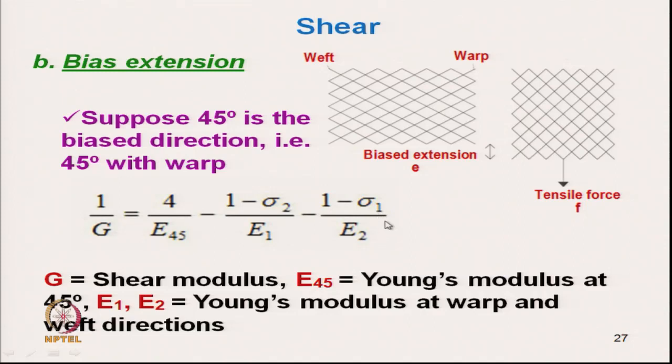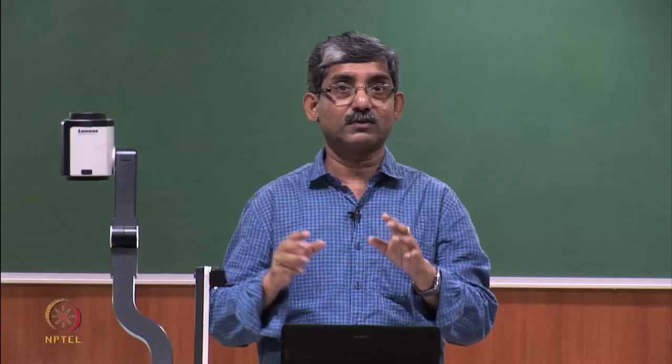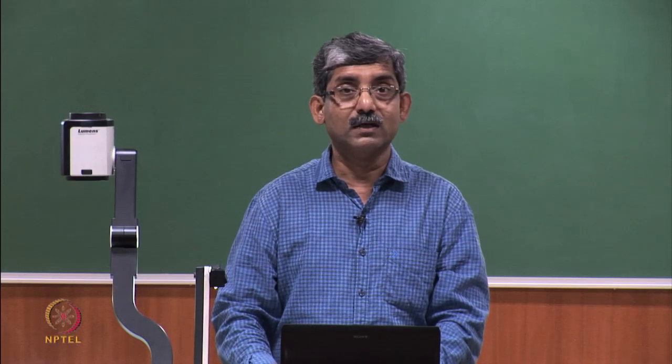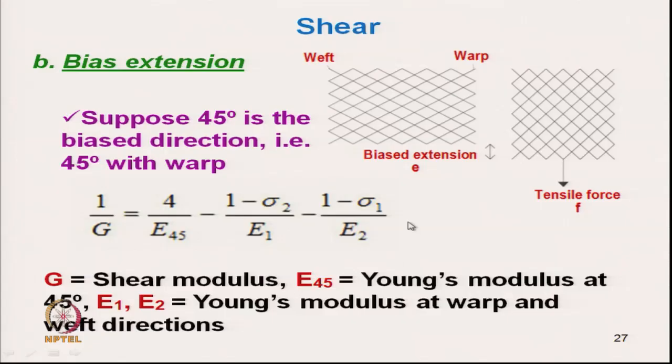E 1 and E 2 will be much higher than E 45, because at the biased direction the threads simply take their action, since the shear stress is less. As E 1 and E 2 are very high, for simplicity we can eliminate the second and third terms in the equation.